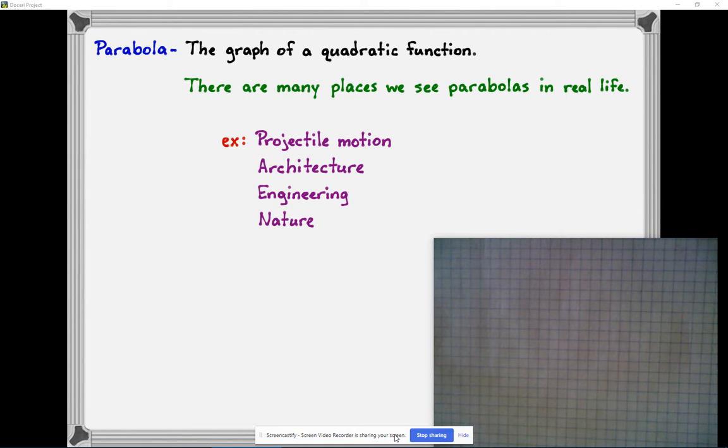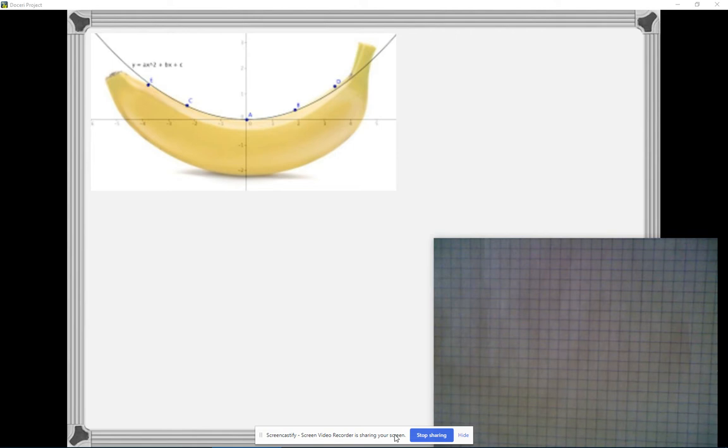Nature, we see parabolas all the time. That's kind of cool. We'll talk about that. And then in sports, we see it constantly because, like I said, it's projectile motion. Any ball traveling through the air follows a parabola. And the last one here is war, because when we're shooting cannonballs or firing bullets, those are going to follow a quadratic path.